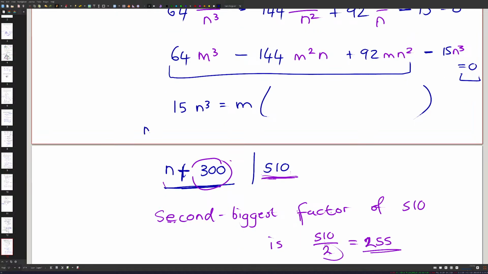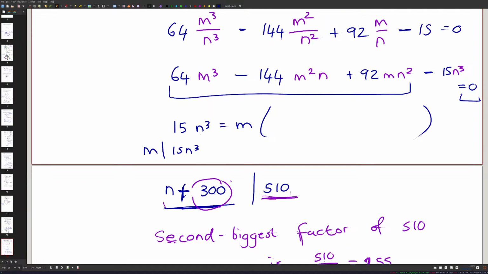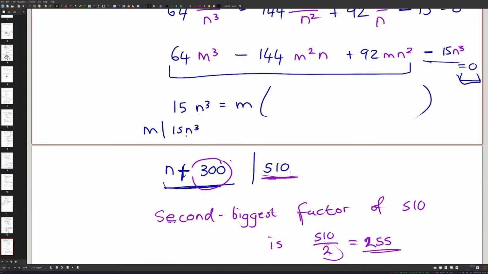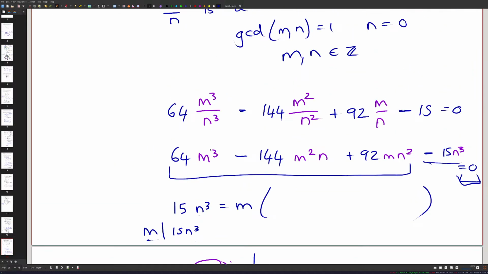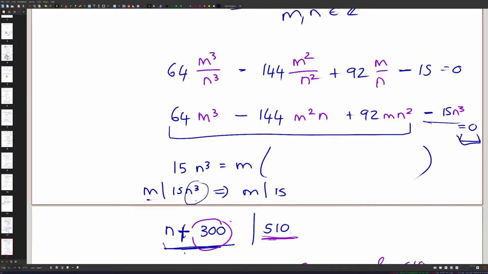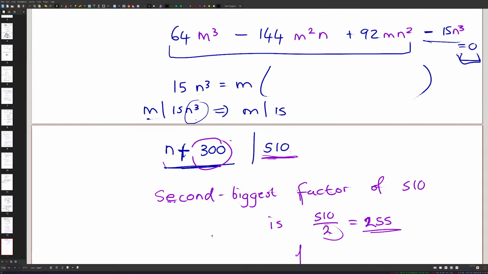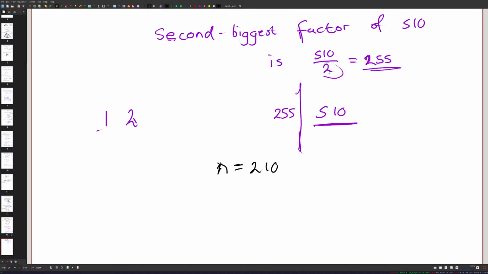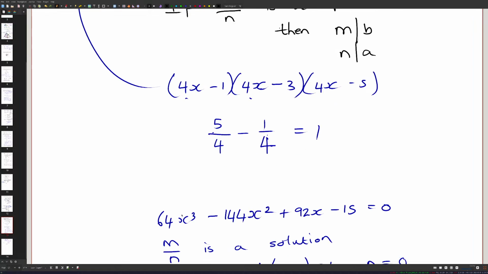And so we know that m divides 15n cubed, because we can take the 15n cubed across and factor out the m from everything that's left. But m and n have GCD 1, and so this means that m must divide 15 because it's got no factors in common with n cubed. And we can do the same thing. How did this page end up at the bottom here? I don't even know.